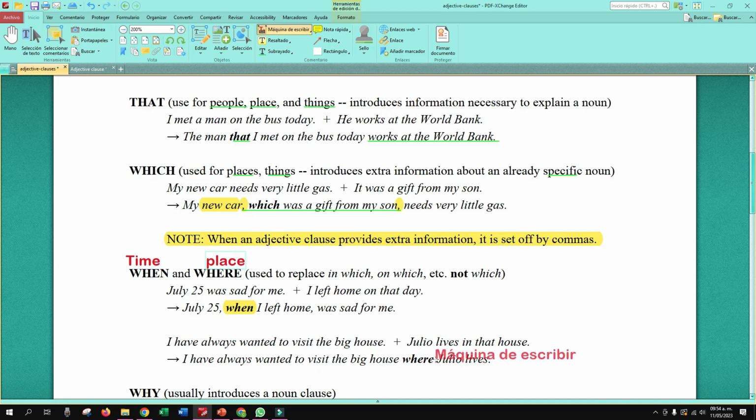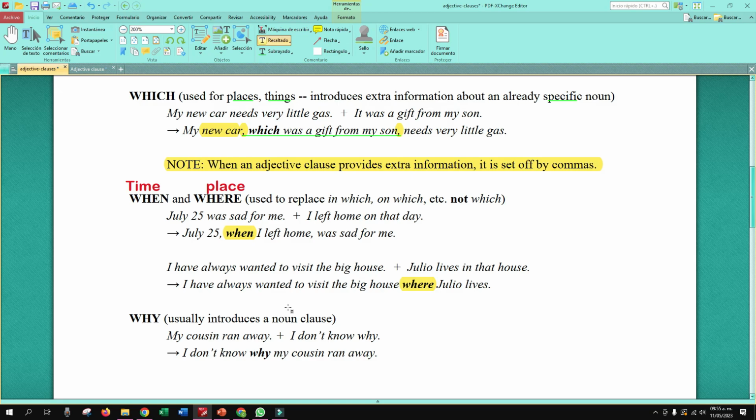Julio lives in that house. So, I have always wanted to visit the big house, where Julio lives, right? There you're combining those sentences. Where, because of the place, the big house, right?